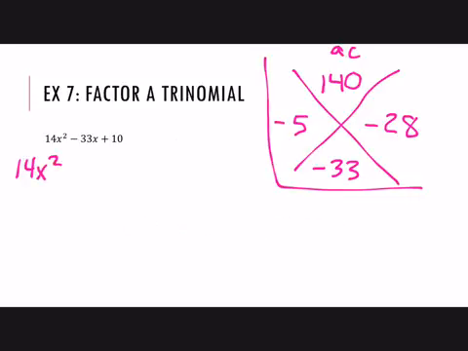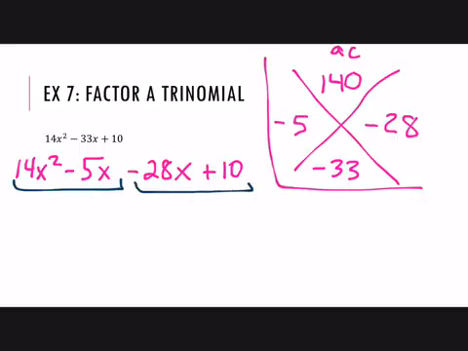14x squared, positive 10, and then in the middle, instead of negative 33x, I'll write that as negative 5x and negative 28x. Take the greatest common factor out of 14x squared minus 5x. No number will factor out, but I can take out an x and get 14x minus 5. All right.